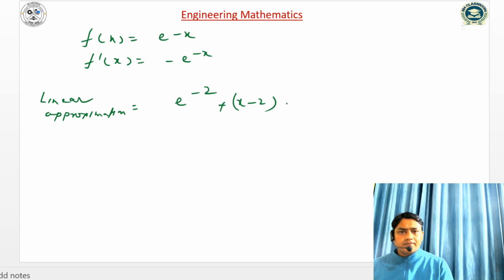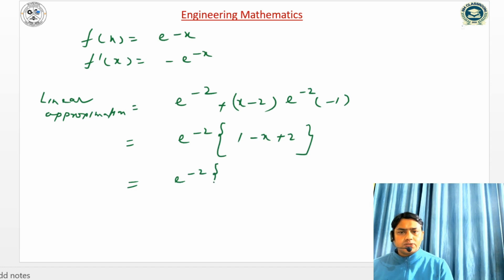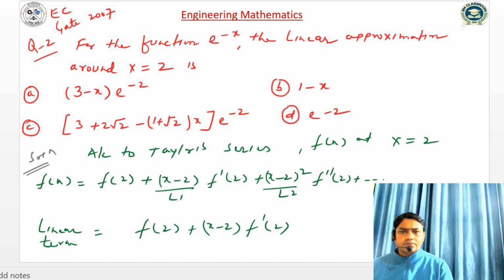So it will be e to the power minus 2 into minus 1. If I take the common e to the power minus 2, it will be 1 minus x plus 2. So it will be e to the power minus 2 into (3 minus x). E to the power minus 2 into (3 minus x) is the correct option.